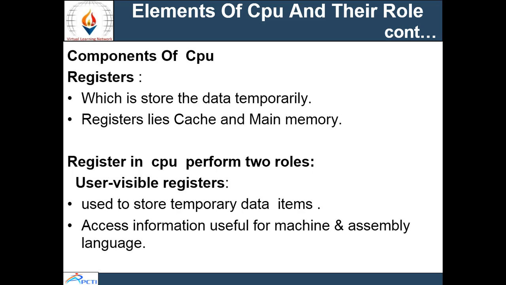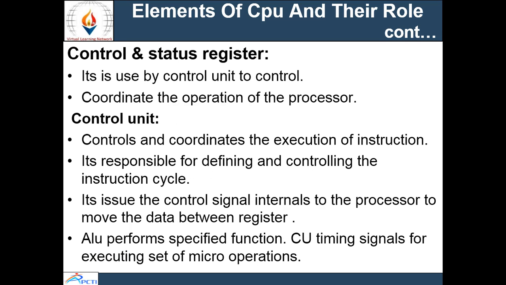Registers lie above cache and main memory. Registers in CPU perform two roles: user visible registers, used to store data items and access data useful for machine and assembly language, and control and status registers, which are used by the control unit to control and coordinate the operations of the processor.